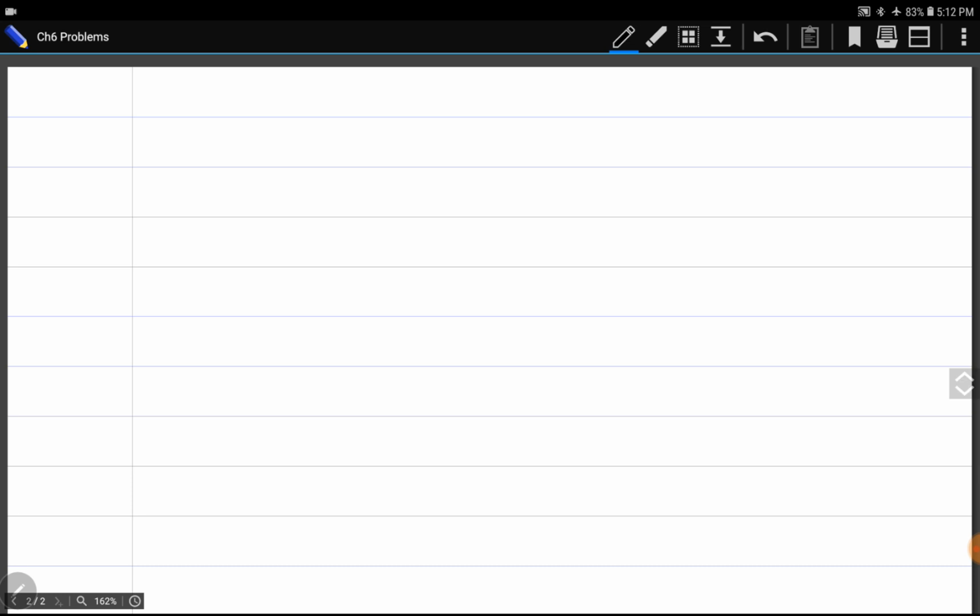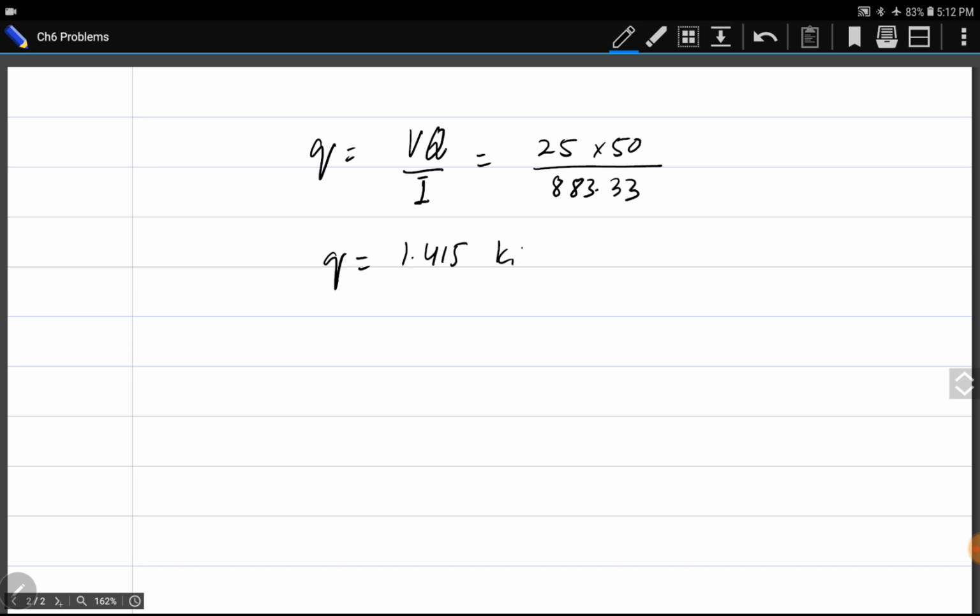Now we need to calculate small q, which is equal to VQ over I. V is given to us, it is 25 kilopounds. Capital Q has been calculated as 50 cubic inch, and I has been calculated as 833.73 inch power 4. So small q becomes 1.415 kilopounds. From the small q we can find horizontal force.